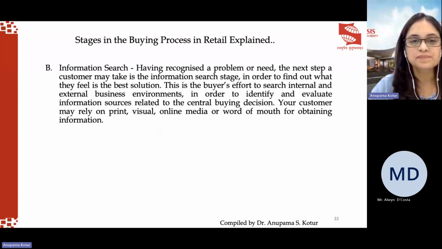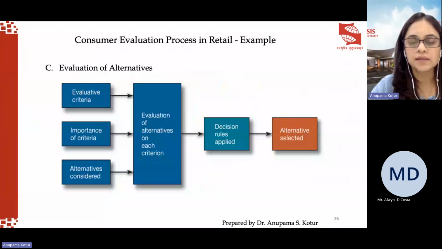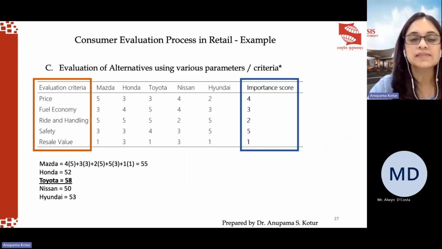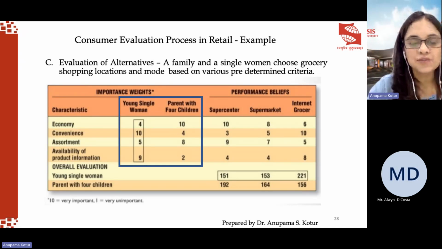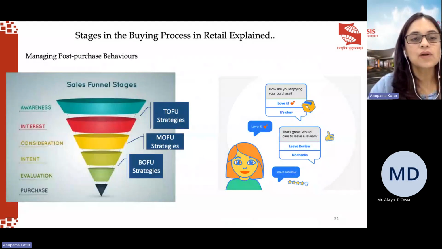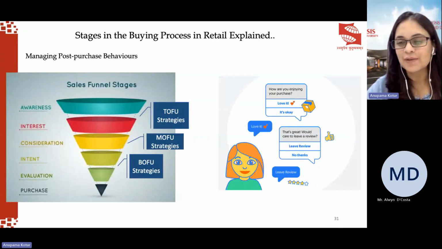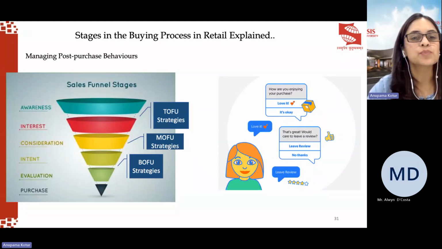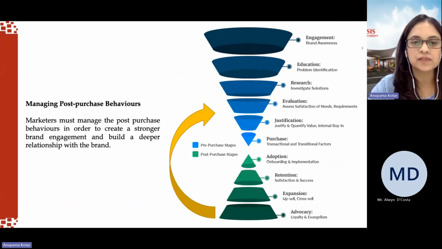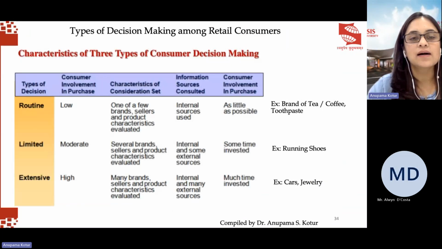The presentation comprises a detailed explanation of all of these stages, along with some examples for you, including some numerical examples to substantiate the discussion. We also saw how it has increasingly become important to manage post-purchase behaviors of the consumers, right?